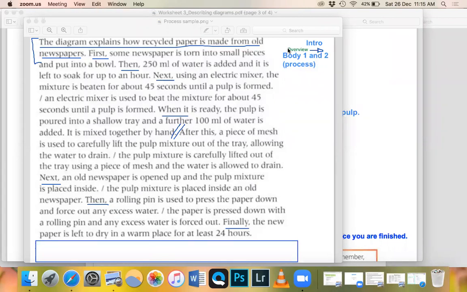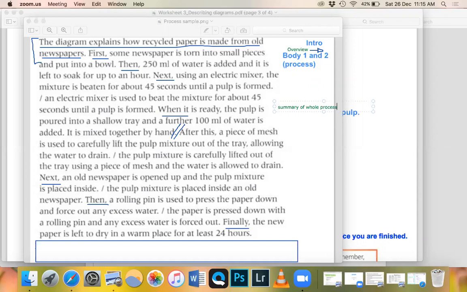Remember, our overview comes before the process, which is body 1 and body 2. So what information are we putting in the overview? We need to put a summary, but a summary of what? The summary of the whole process.